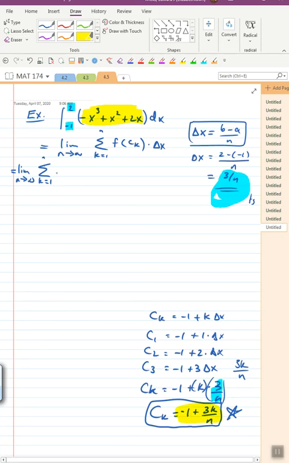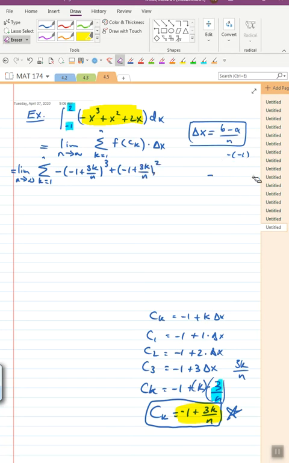So you're saying negative 1 plus 3k over n, cubed, plus negative 1 plus 3k over n, squared, plus 2 times negative 1 plus 3k over n. Don't forget the delta x at the very end, so all of this should be multiplied times 3 over n.